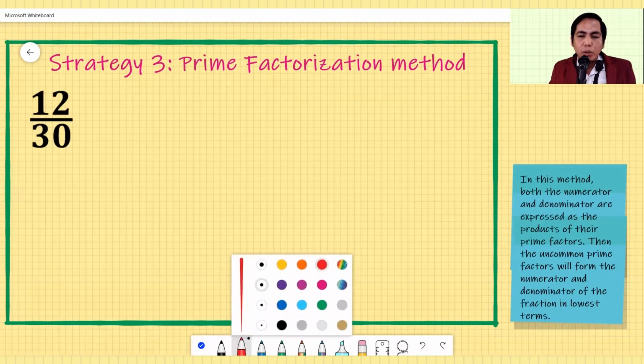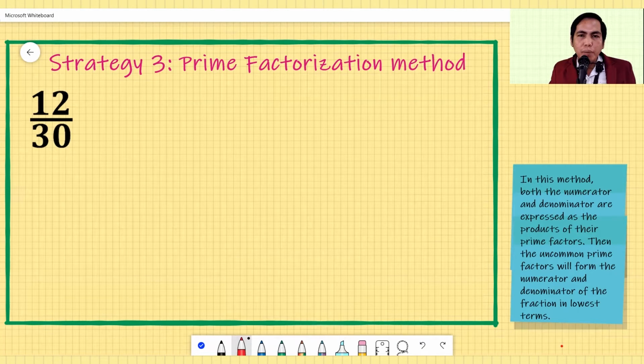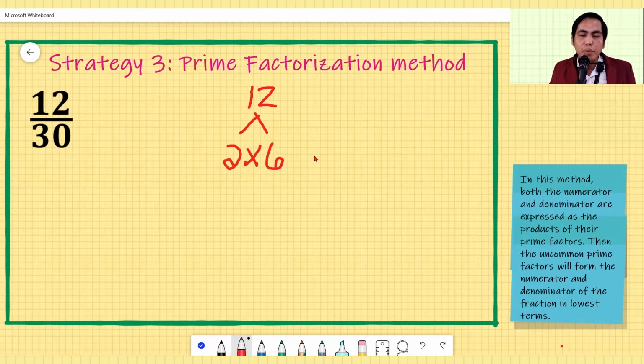So to find the prime factorization of a number, we can use our factor tree method. So let's start with the 12. So in here, we have to identify two numbers which when we multiply these two numbers will give us 12. So we can use 2 times 6, 3 times 4. So I will be using 2 times 6, but you can also use 3 times 4.